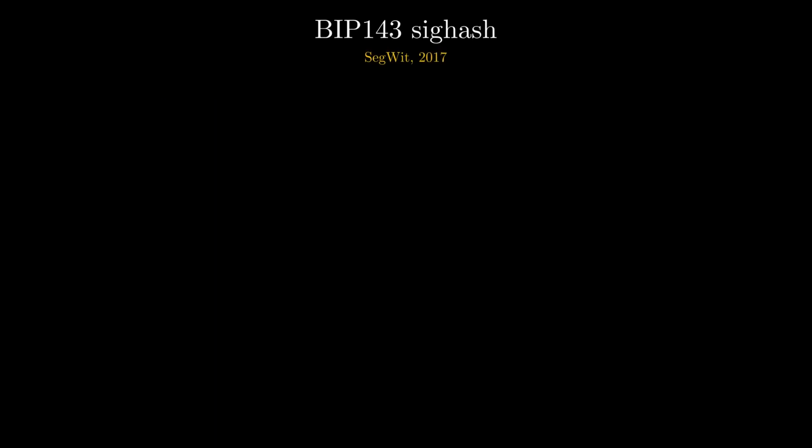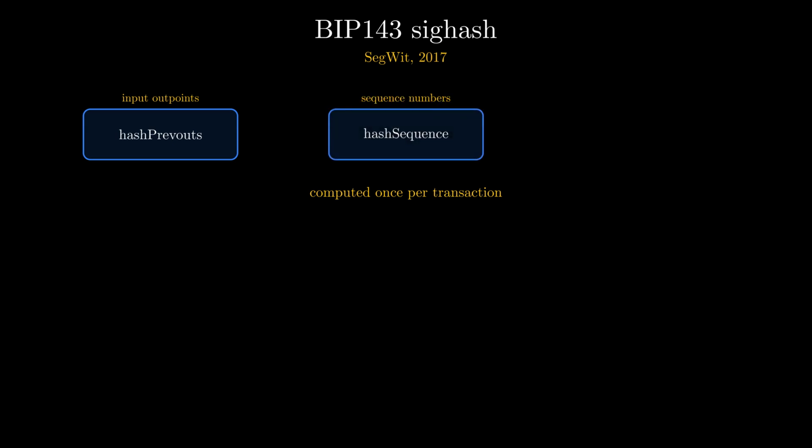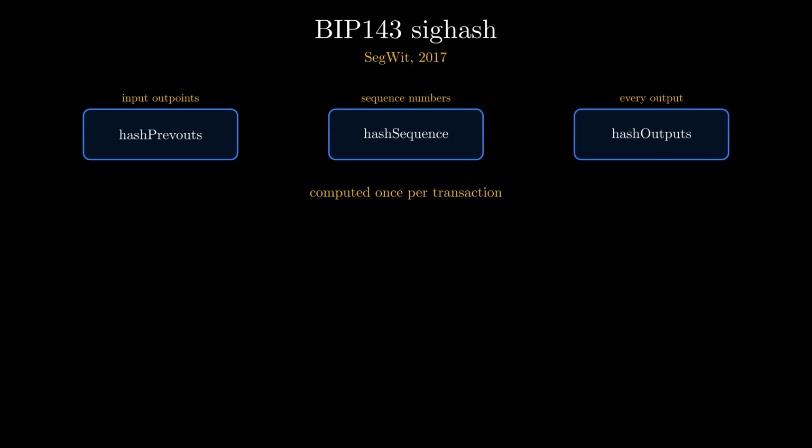BIP143, shipped with SegWit in 2017, restructured the Sighash. Instead of rehashing everything per input, it pre-computes three mid-state hashes once per transaction. hashPrevouts, which commits to all input outpoints, hashSequence, which commits to all sequence numbers, and hashOutputs, which commits to every output.